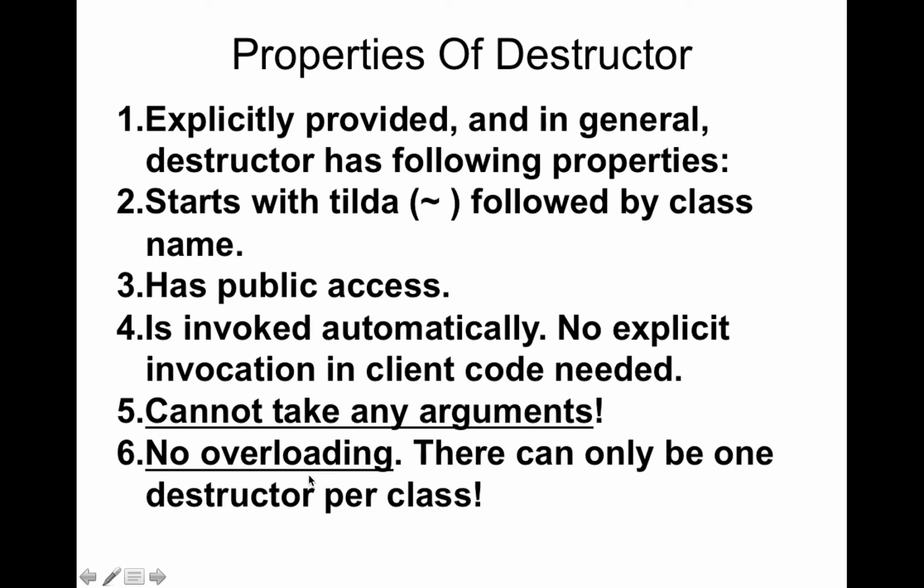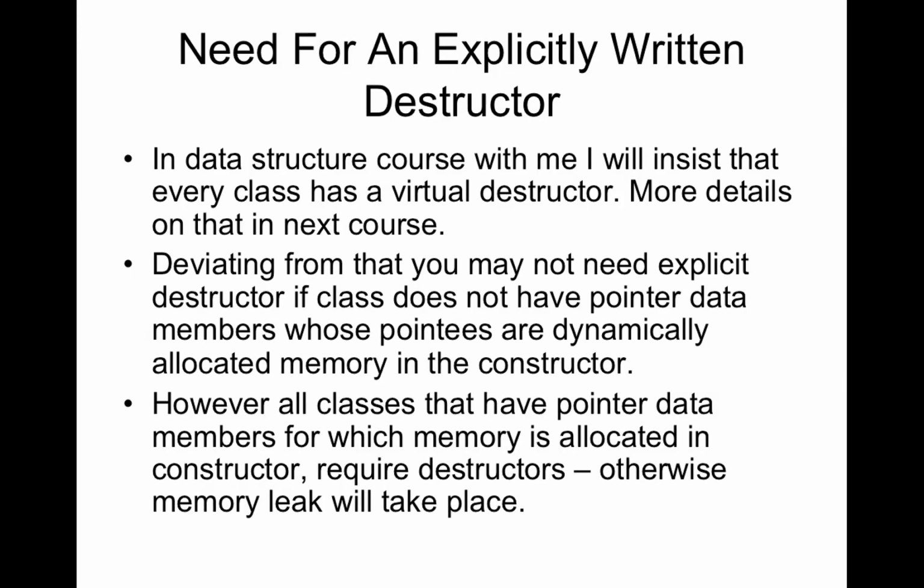Constructors can be overloaded, but a destructor cannot be overloaded. There can only be one destructor per class. You cannot overload a destructor because they're not allowed to take any arguments. Constructors can be more than one, overloaded, can take arguments, destructors cannot. When do we need an explicitly written destructor?